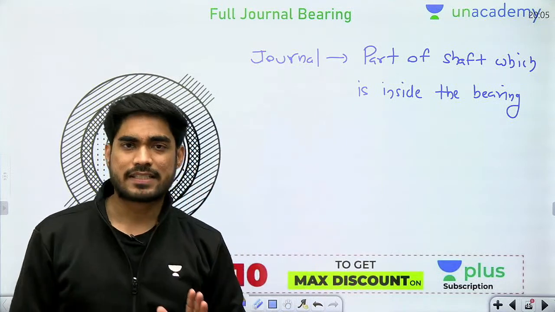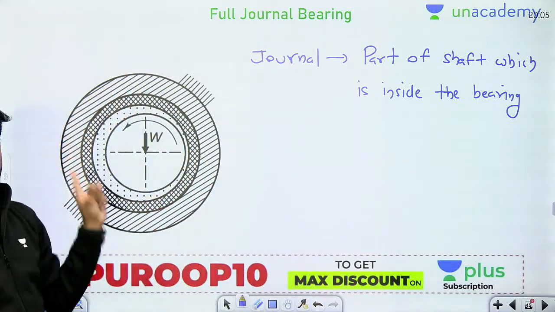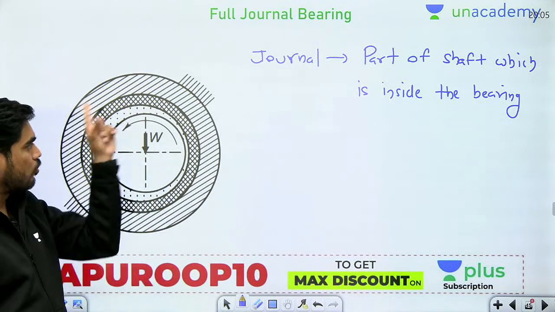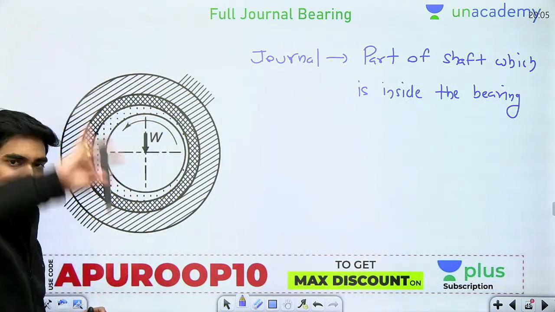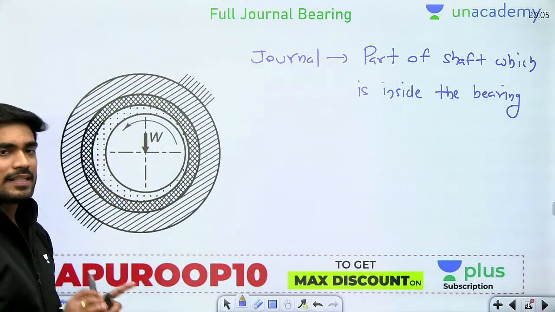Now full journal means there is 360-degree protection for the journal. Journal को पूरा 360-degree protection है. So beta, it doesn't matter what is the direction of radial load, it can sustain that load.